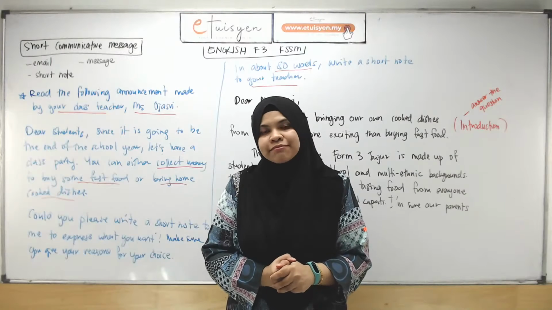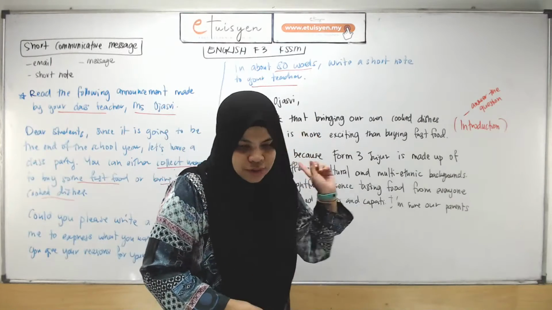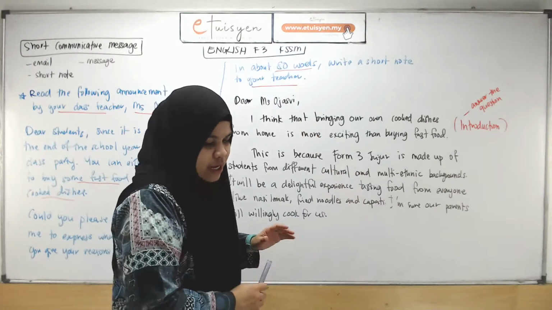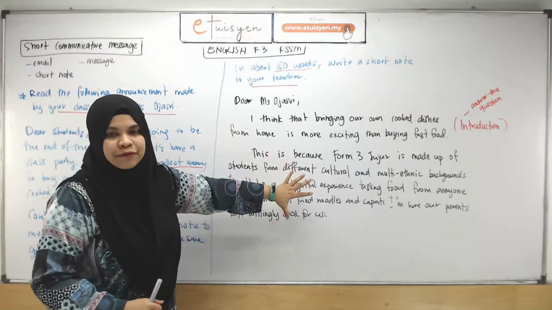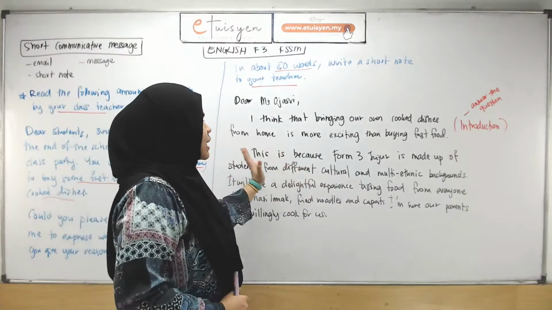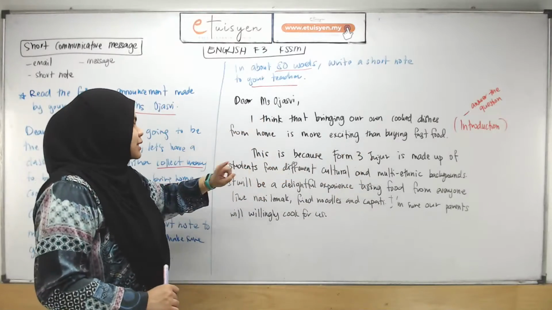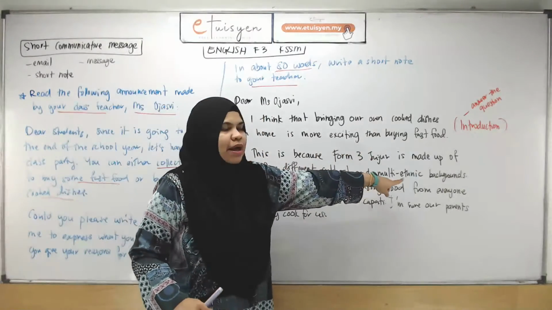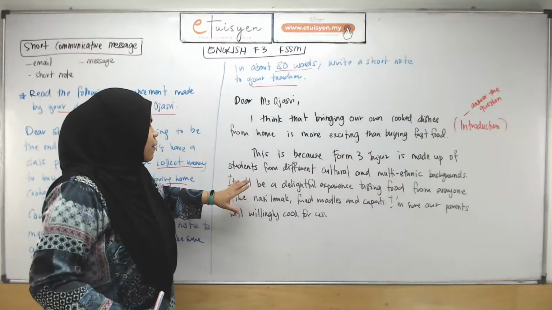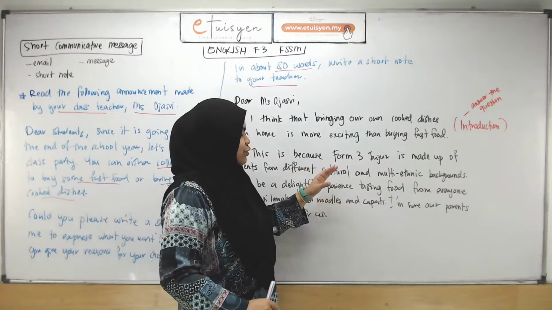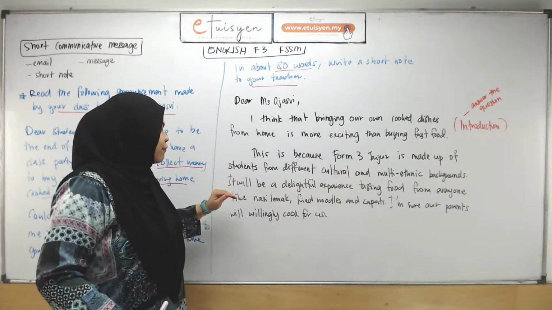Okay, so be prepared. Alright, so here for this reason, the second paragraph. Now here it says Form 3, or his class, it's made of students from different culture and multi-ethnic backgrounds. So it will be a delightful experience tasting food from everyone.